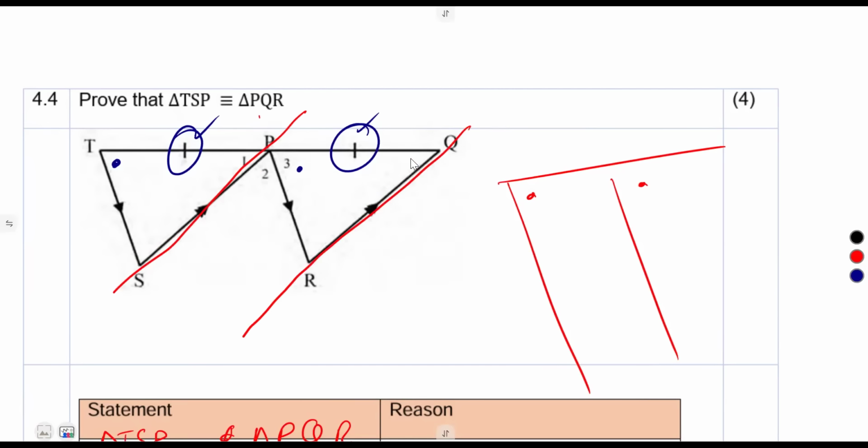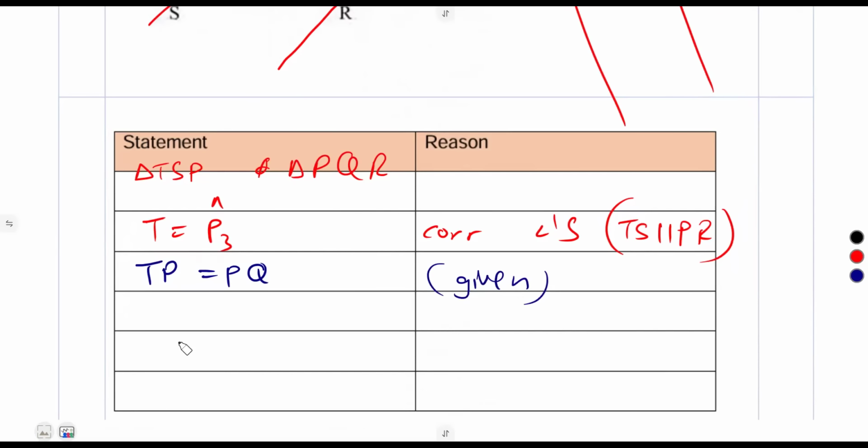Let's figure out from these two lines that are parallel. We are going to notice angle Q and angle P1 will be equal. Corresponding angles again. One is inside, one is outside. So angle P1 is exactly equal to angle Q, as I illustrated here.